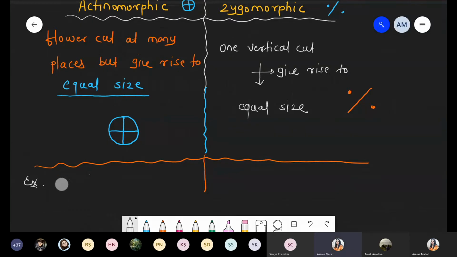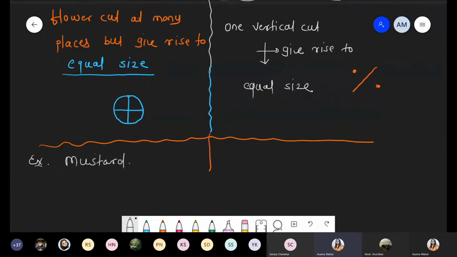Not the Brassicaceae family, we are directly talking about the example, mustard, because in the Brassicaceae family different examples are there. So simply we are talking about mustard, and the another example, Datura. Okay, two examples, mustard and Datura. Both are examples of flowers that belong to actinomorphic.